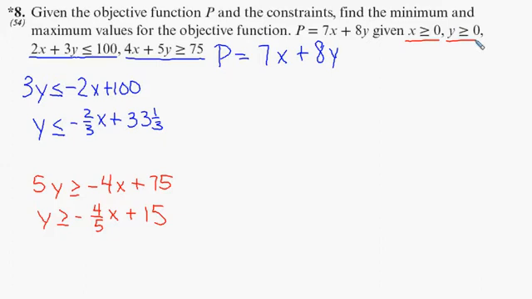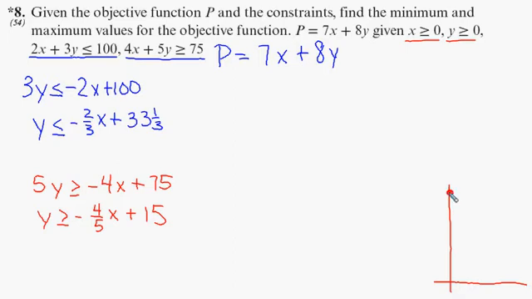Okay, so I'm recommending that you just plug these values into your calculator rather than actually taking time to graph them. It's up to you. You can do either one. I will tell you, though, that once you've got them in your calculator, we really don't care about anything except the first quadrant, right? So I'm just going to draw this over here with the first quadrant, this negative 2/3 x plus 33 1/3. Just a rough sketch here, but I'm going to put 33 1/3 up here.